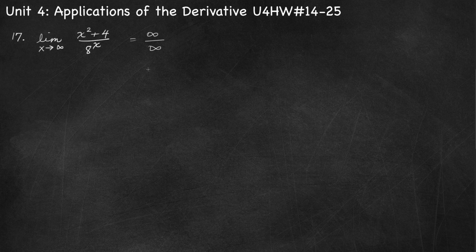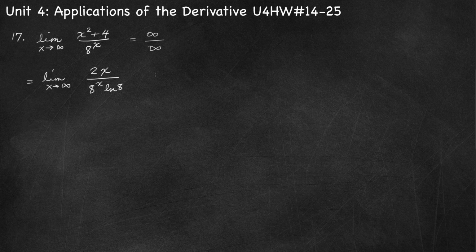But just for the sake of showing mathematically why this happens, we can apply L'Hopital's rule and take the limit as x approaches infinity of, now the derivative of my numerator is 2x, derivative of my denominator, 8 to the power x times the natural log of 8.